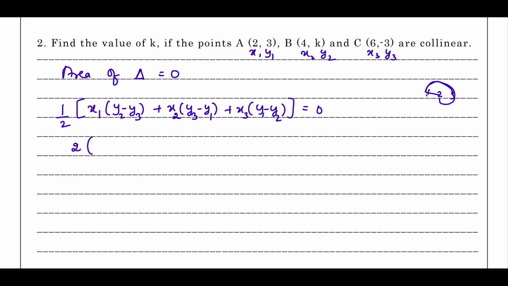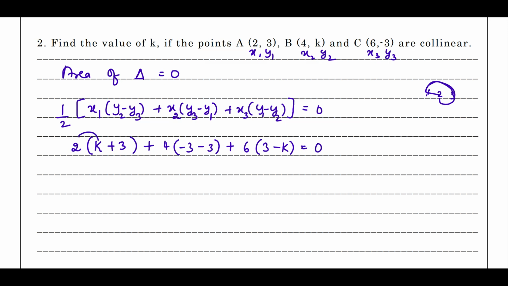What is y2? y2 is k. Minus y3 is minus of minus 3, so plus 3. What is x2? x2 is 4. y3 is again minus 3. Minus of y1 is minus 3. What is x3? x3 is 6. y1 is 3 and y2 is k, equals 0.